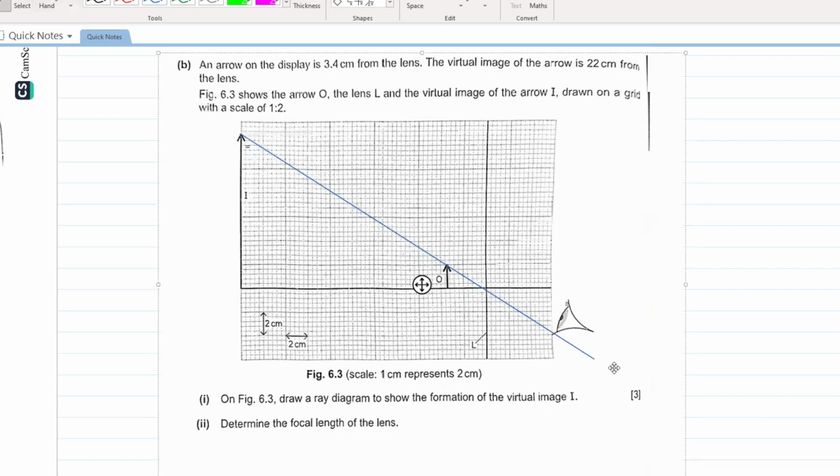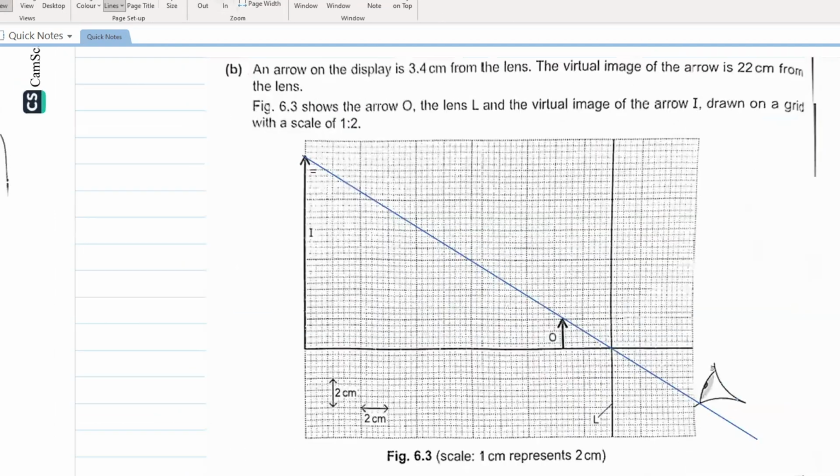Let's slightly adjust it so that it passes through the optical center. This looks fine. So this is your first ray passing from the top of both the arrows and then through the optical center. How will your second ray look like?